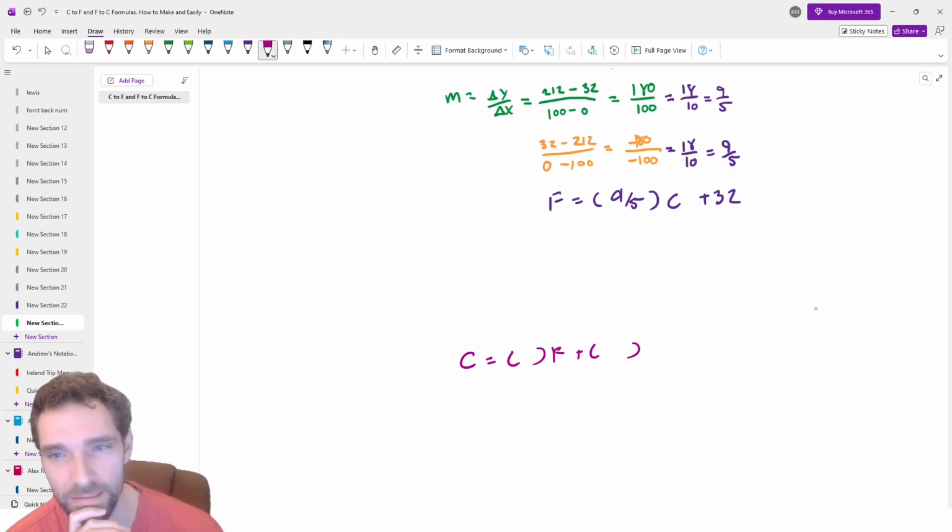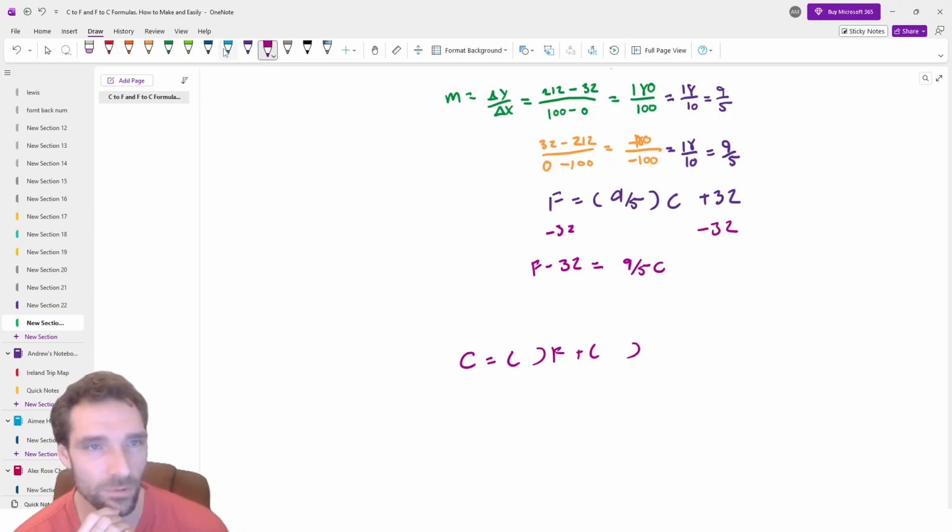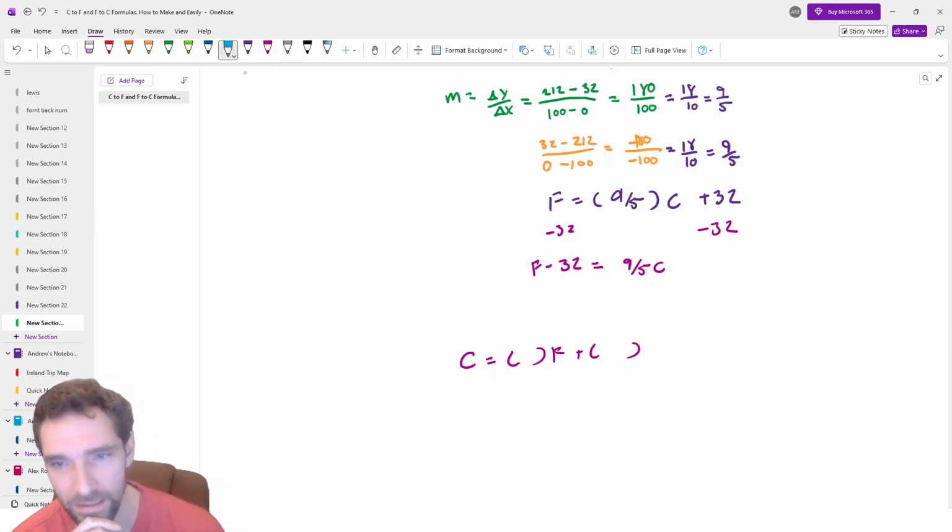So to get this by itself, say that you're subtracting 32 from both sides. So we've now got Fahrenheit minus 32, which is equal to 9/5 Celsius. Then you can multiply both sides by 5/9 to get Celsius by itself.